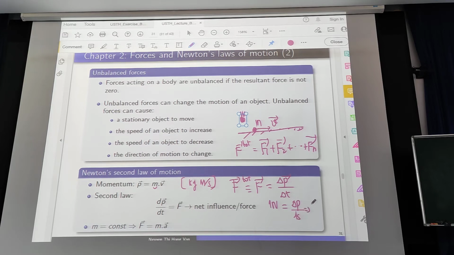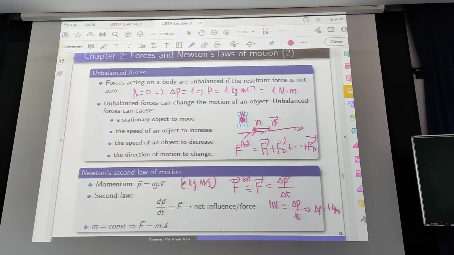In this case, delta P changes by 1 kilogram meter per second. So if initially P0 is 0, velocity is 0, then delta P equal to 1 means P equals 1 kilogram meter per second, or 1 Newton second.